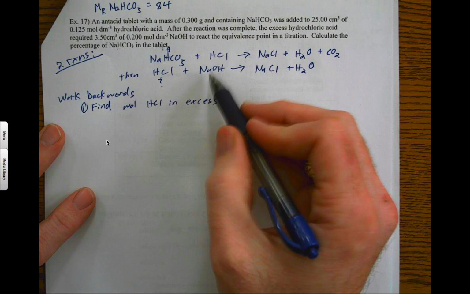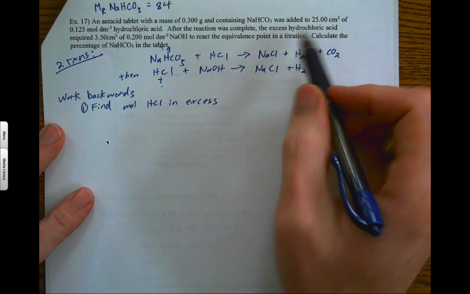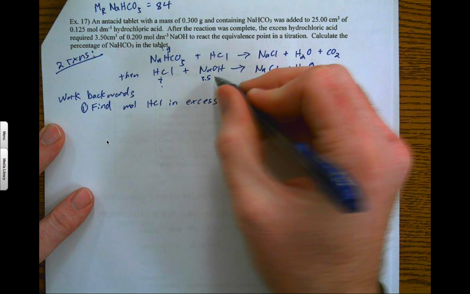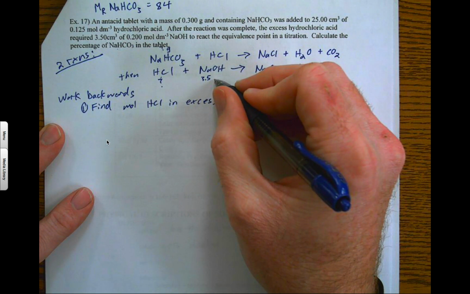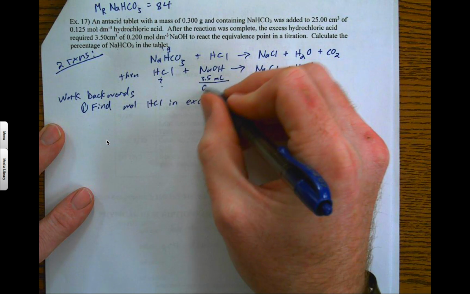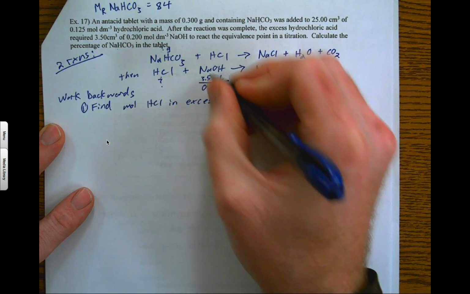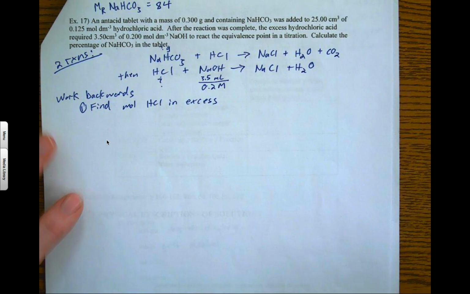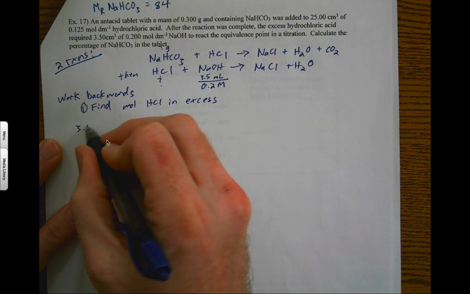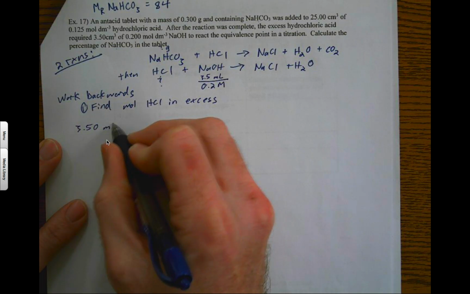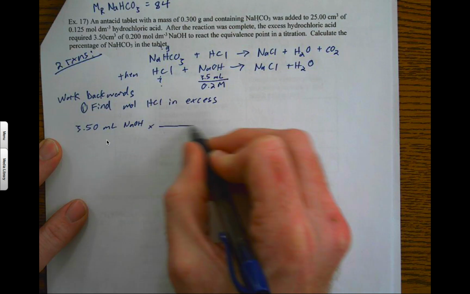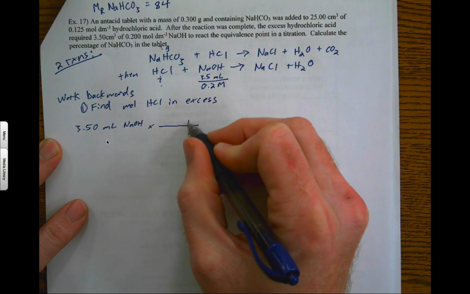By doing that, we know that there was 3.5 milliliters and it was 0.2 molar for NaOH. So let's go ahead and take 3.5 milliliters of NaOH and let's change milliliters into moles.